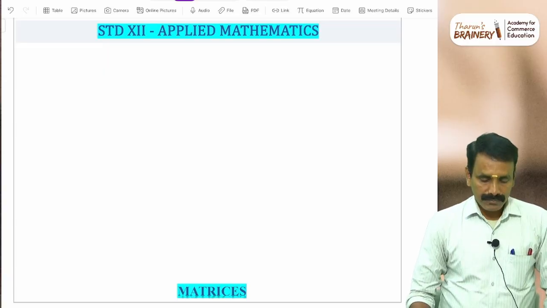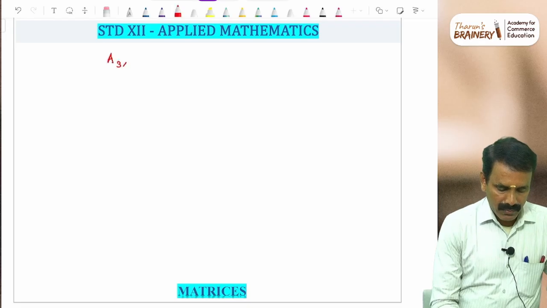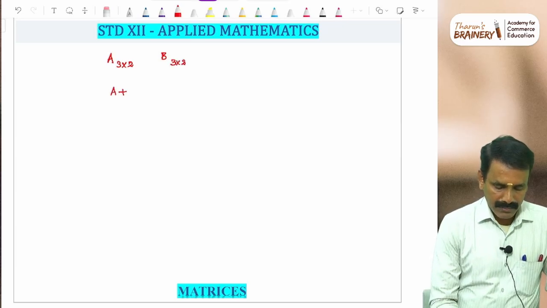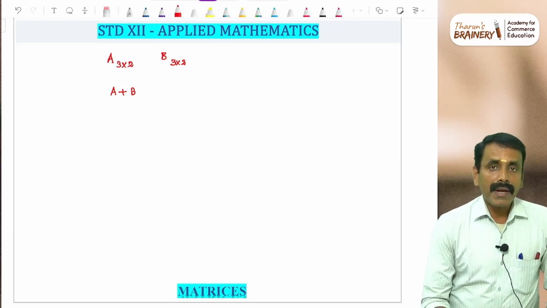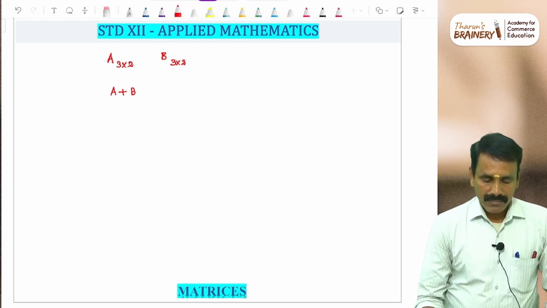Is it clear? Now, if A is a matrix of order 3 by 2 and B is also a matrix of order 3 by 2, then A plus B is possible. We can add the matrices. How to add? We must add the corresponding elements.